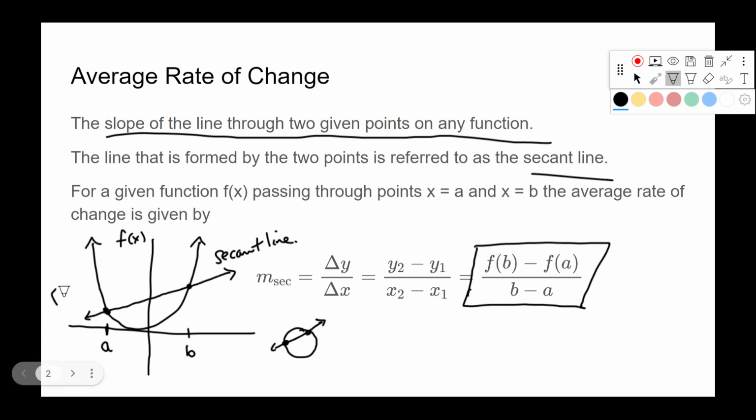So the x coordinate of this point is A, and its y coordinate, I'd have to take A and put it in up here for x, and I'd get f of A. Over here at B, I have a point B, f of B. So if I take these 2 points, A, f of A, and B, f of B, and I apply, let's say, delta y over delta x, or y2 minus y1 over x2 minus x1, well, I would get f of b minus f of a over b minus a.